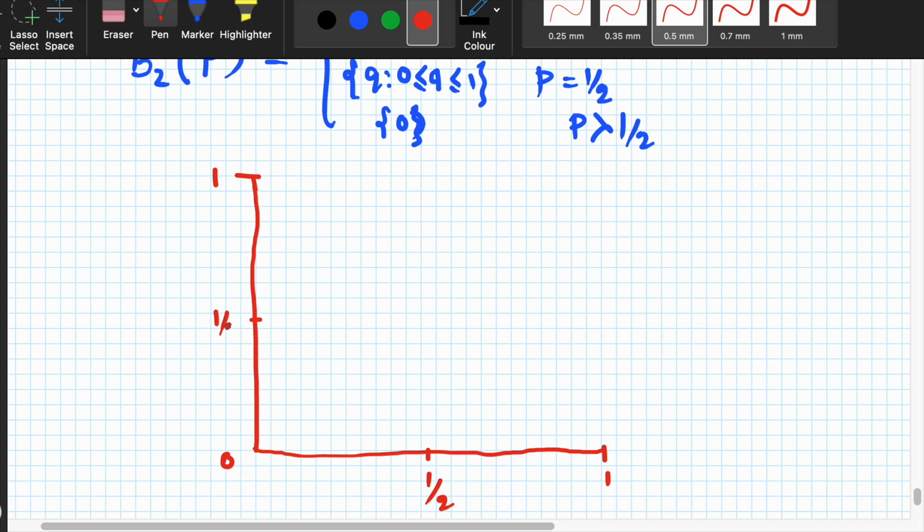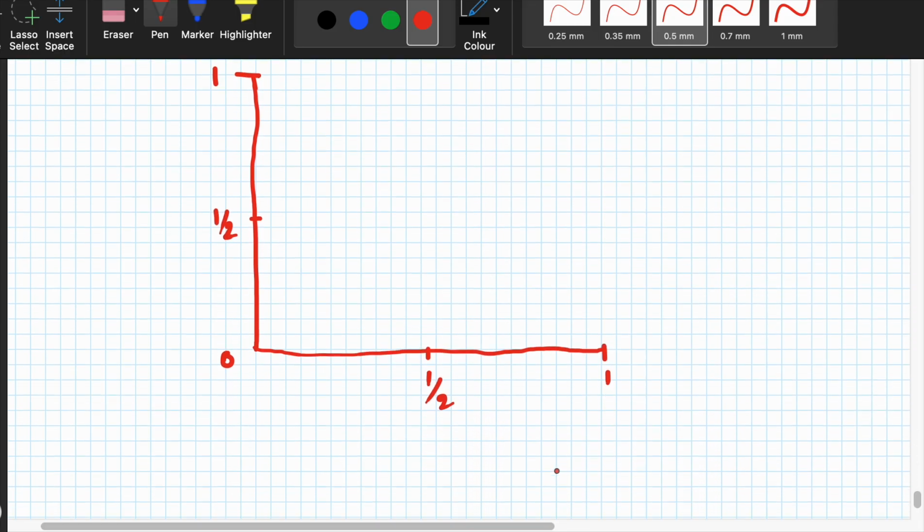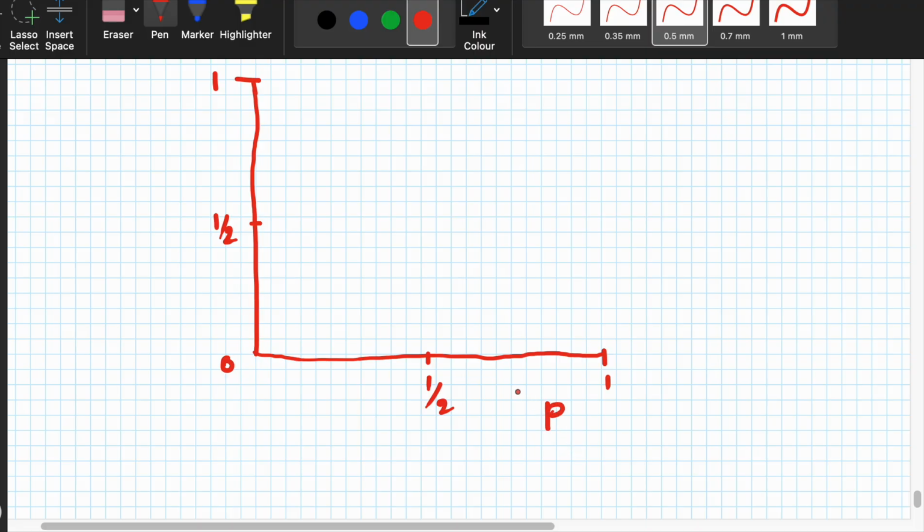Suppose this axis represents probability p and this one represents probability q.